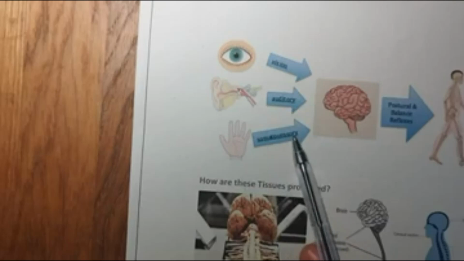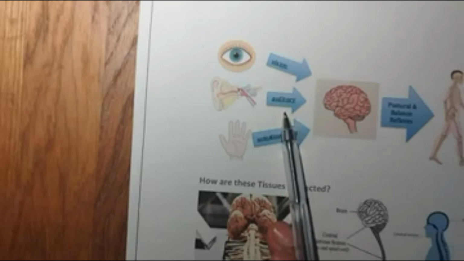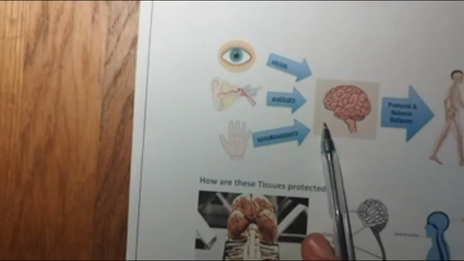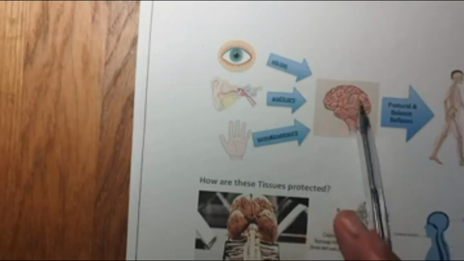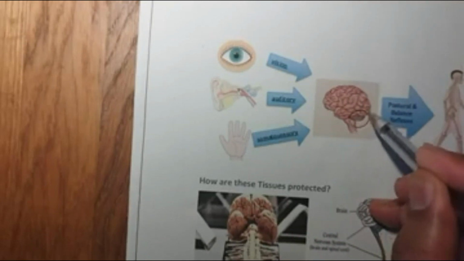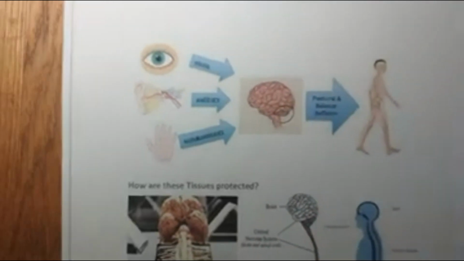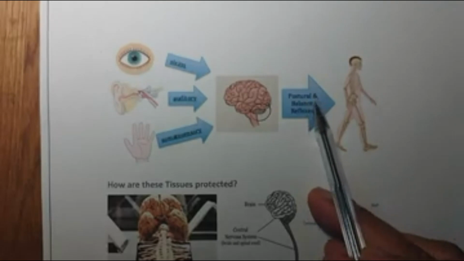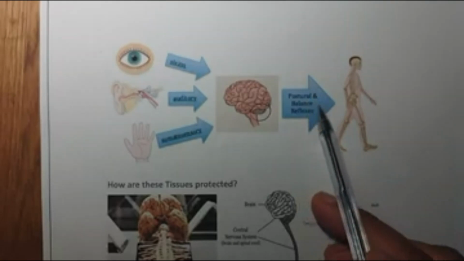This information is carried to the brain by sensory nerves, and then in the brain, the cerebellum, which is a part of the hindbrain, uses this information to make postural and balance activities.